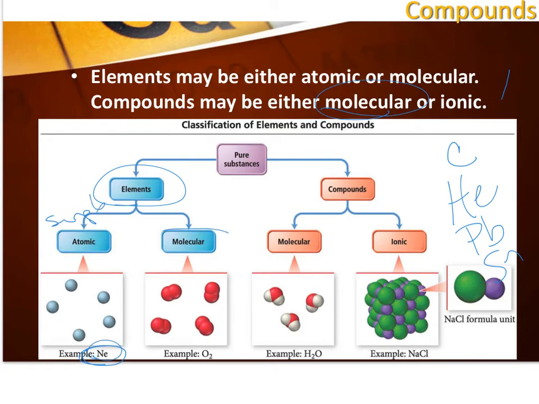What am I talking about when I say elements that exist in nature as molecular? Well, for example, oxygen. In nature, you see oxygen, 2 of them, O2. You don't see one single oxygen atom in nature. It's just much more stable as O2.